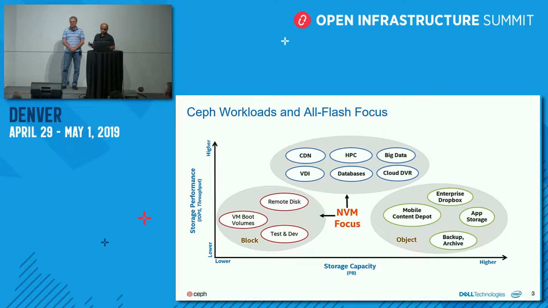When we look at a workload characterization of high performance block versus warm block versus object, the focus of today's talk is mainly around the top category there, which is basically the high performance mid-tier, medium-sized installs for Ceph. Two years ago or so is when we started talking about databases on Ceph at various events, including Red Hat Summit and Percona and so on. So this is a long overdue update that we're doing here today.